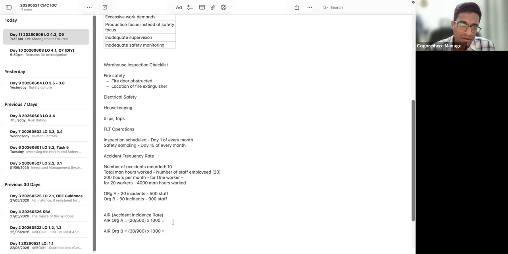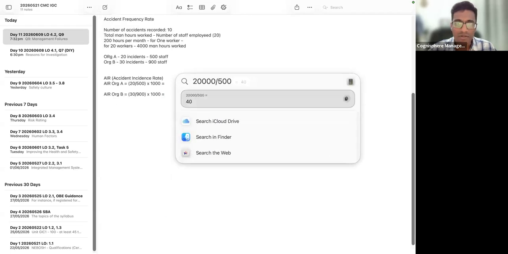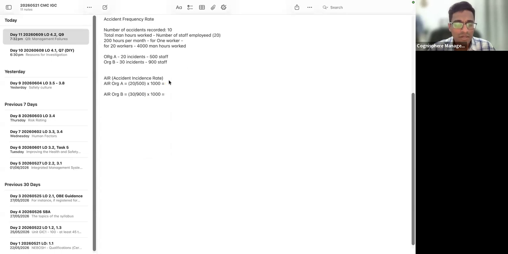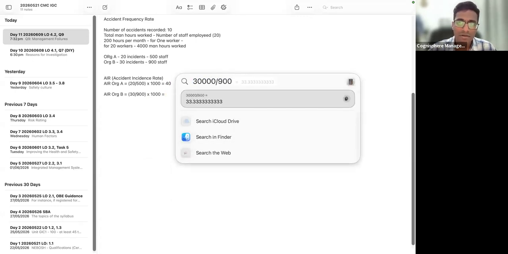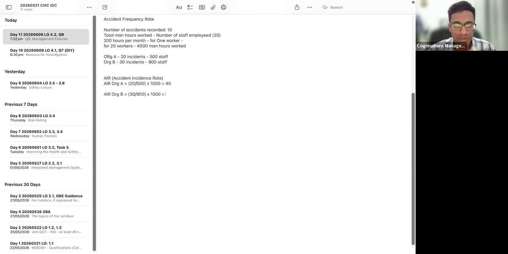So 20,000 divided by 500 is 40. So here it is 40, and then here 30,000 divided by 900, which is 33.3.